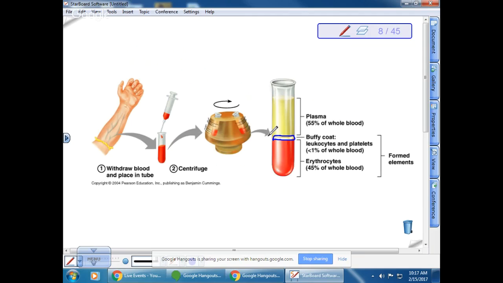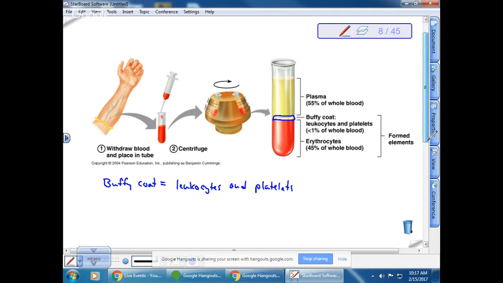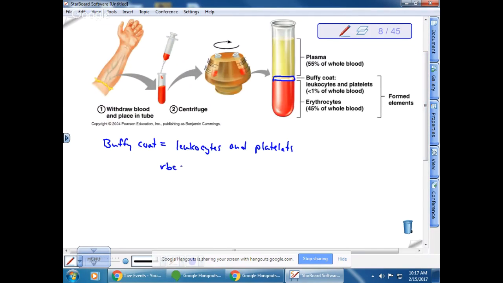The Buffy coat equals the leukocytes and the platelets. So the red blood cells and the white blood cells plus platelets equal the formed elements.